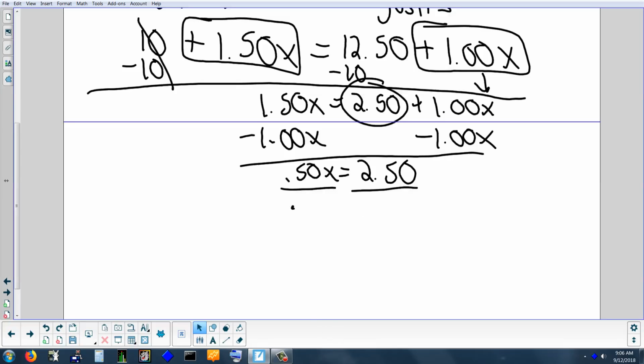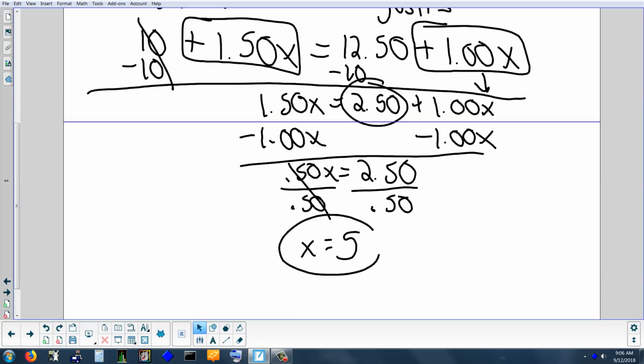All right? Cancel out. Try to think, how many times does 50 cents go into $2.50? 5 times. So X equals 5.